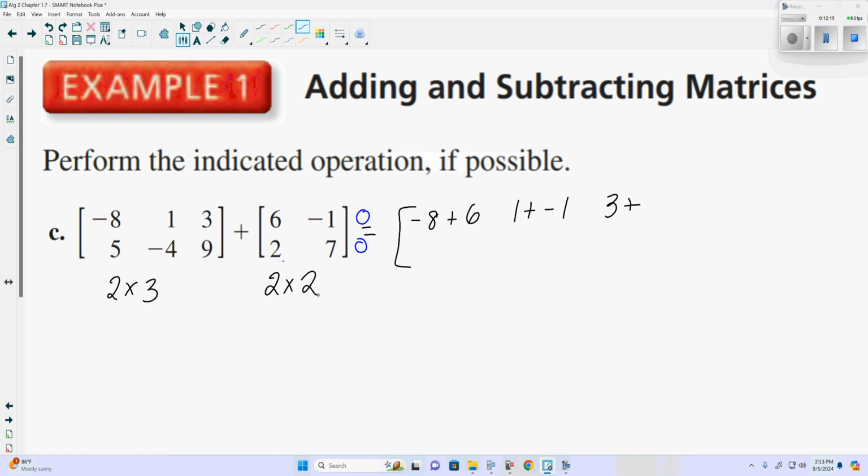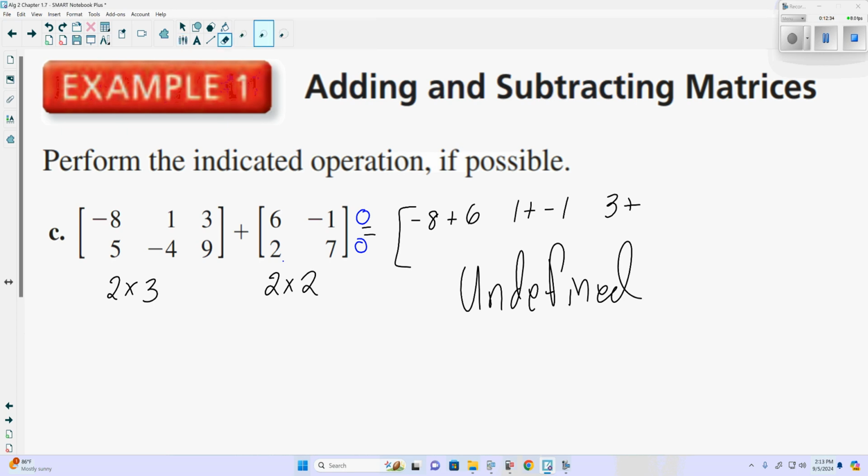For us to be able to add or subtract two matrices, the dimensions have to be the same. Since they're not the same, this is undefined. It is undefined.